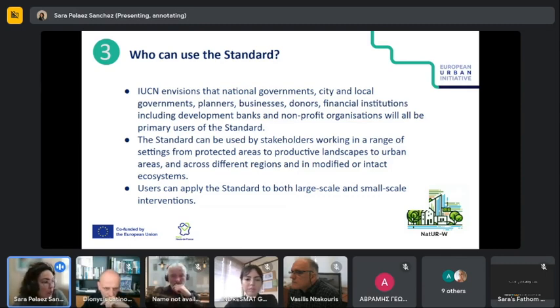The standard can be used by stakeholders working in a range of settings, from protected areas to productive landscapes to urban areas across different regions. And it's encouraged because we need more information, we need more case studies.